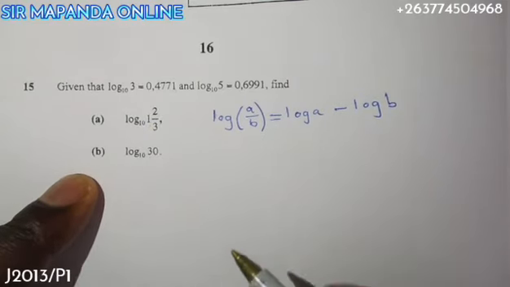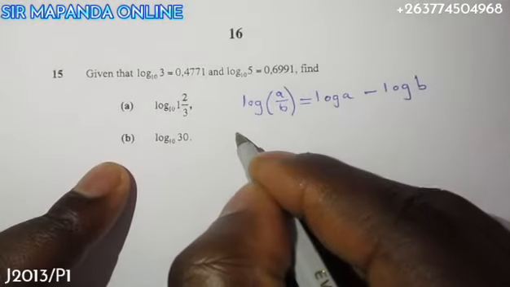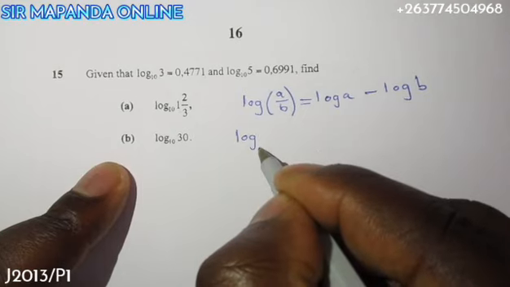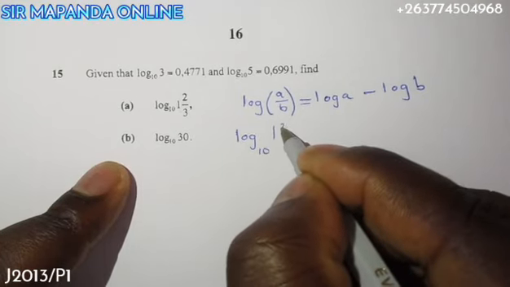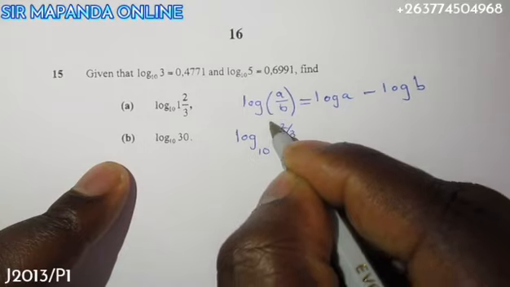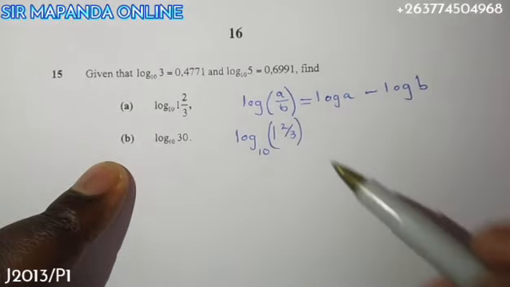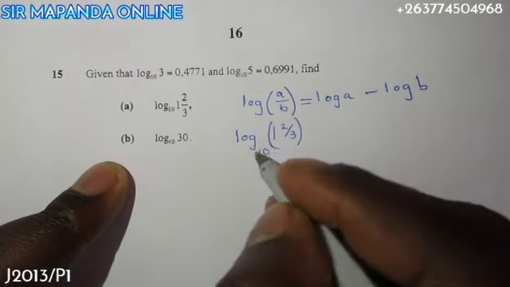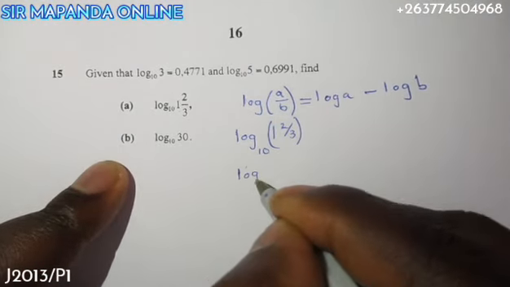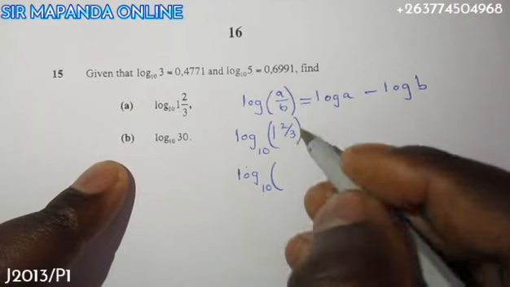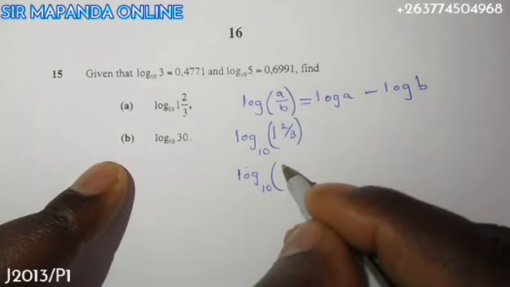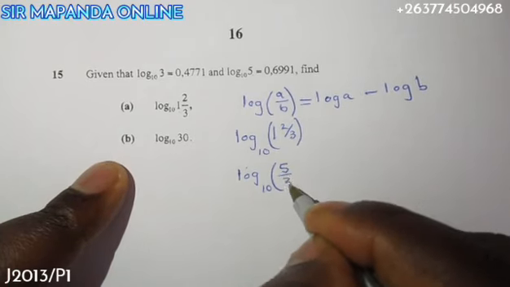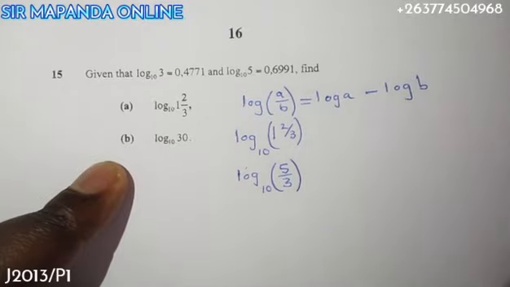Then if you write log 1 and 2/3, you first of all convert 1 and 2/3 to an improper fraction. You get log to base 10 of, 3 times 1 is 3 plus 2, you get 5. So this is 5 over 3, so this is log 5 over 3.